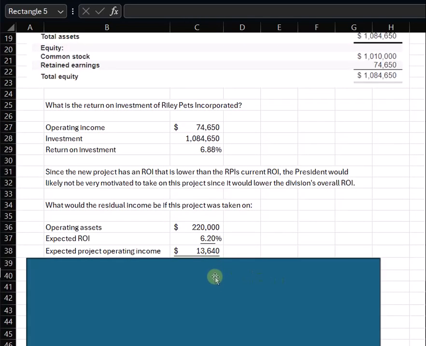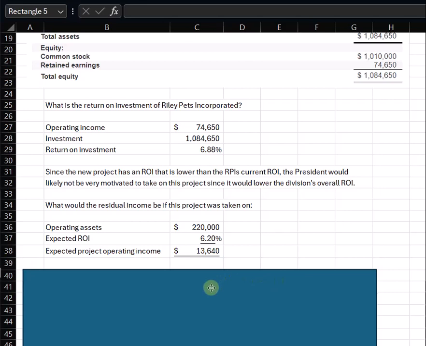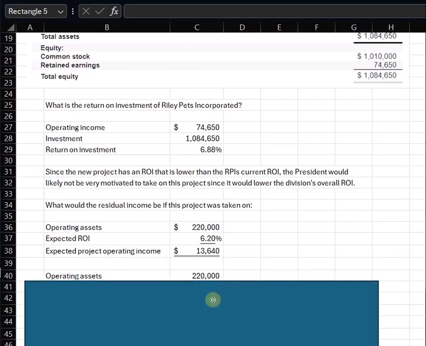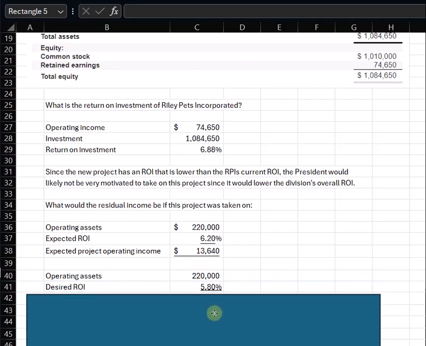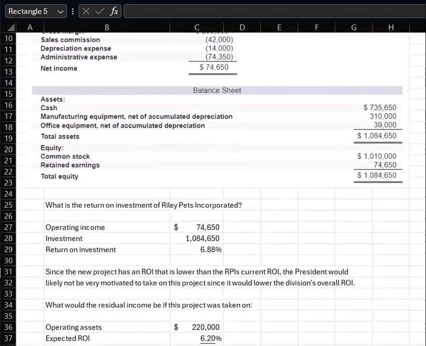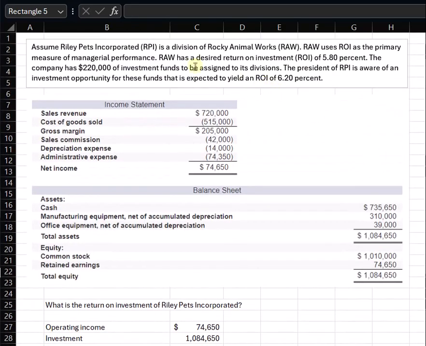With residual income, we then need to subtract out what I call the minimum required rate of return. Different textbooks can call it different things. You would take the operating assets, $220,000, and multiply that times the desired corporate return on investment. Remember that the corporation, Rocky Animal Works, has a desired return on investment of 5.8.